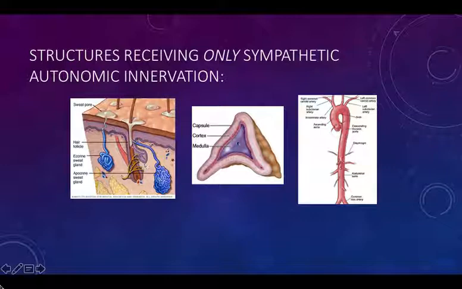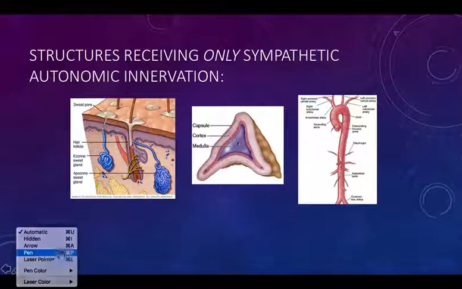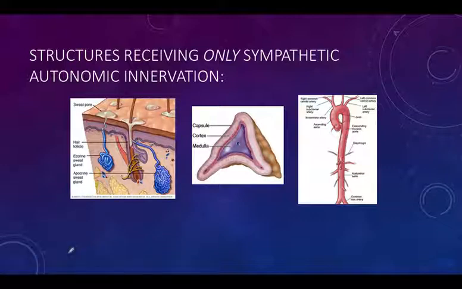Okay, just a reminder, the structures that receive only sympathetic innervation: sweat glands, we talked a little bit about that. Remember what's unique about that is it's the only time you'll see sympathetic cholinergic postganglionic activity. Adrenal medulla as well receives only sympathetic innervation, and then the blood vessels.